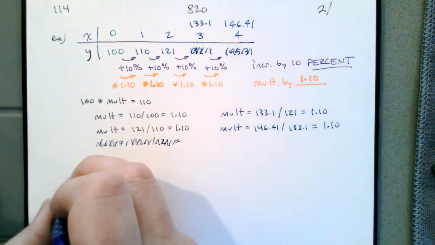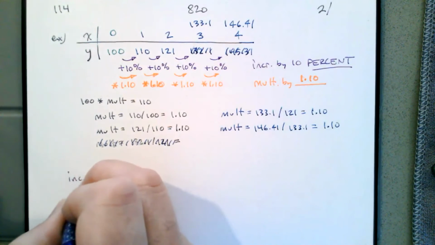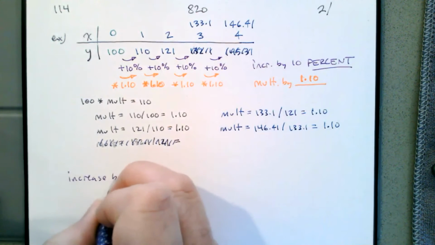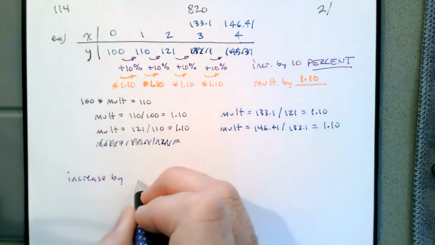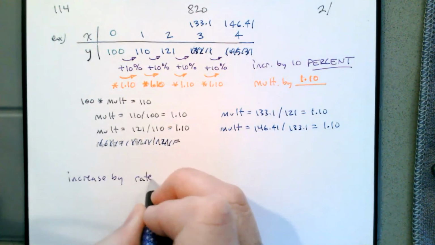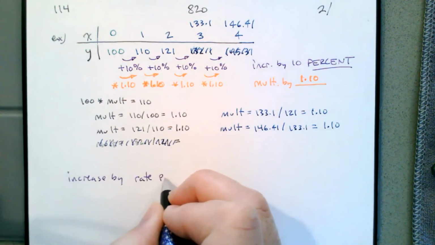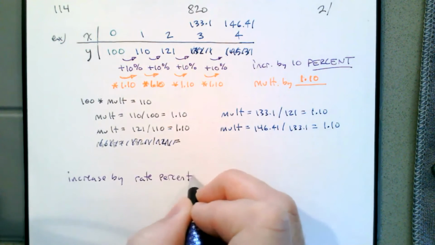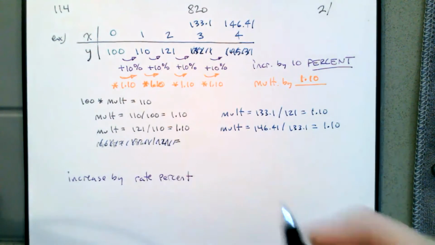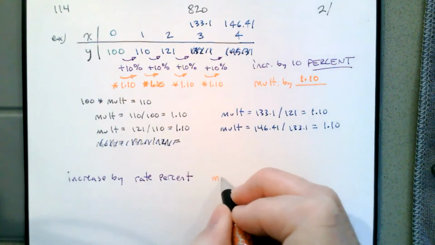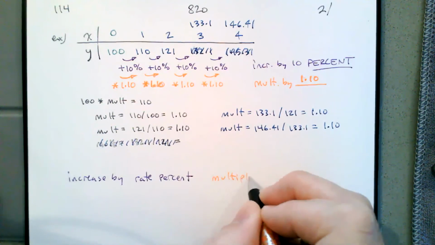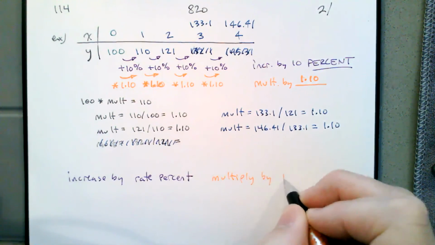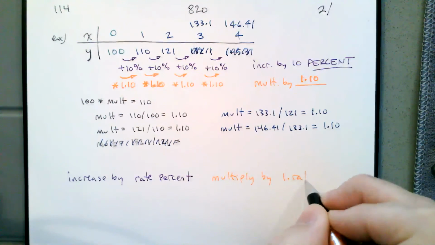So if we see something that says increase by some percent, let's call it rate percent, that is the same as multiply by 1 point rate.